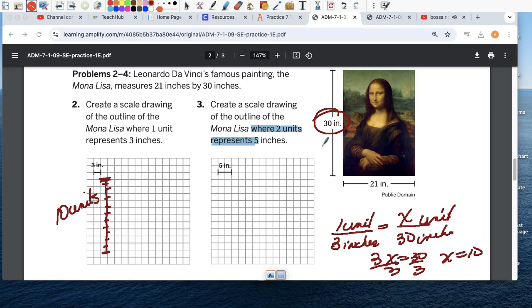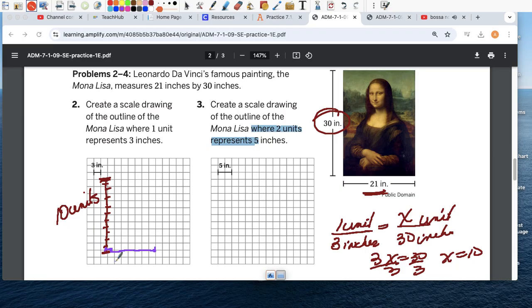The 10 units represents 30 inches. What about the 21? Well, I'm going to set up another proportion. Or if you don't want to set up a proportion, you can count by 3, right? So look, the first one, change colors here. Right, so 3, 6, 9, 12, 15, 18, 21. 1, 2, 3, 4, 5, 6, 7.